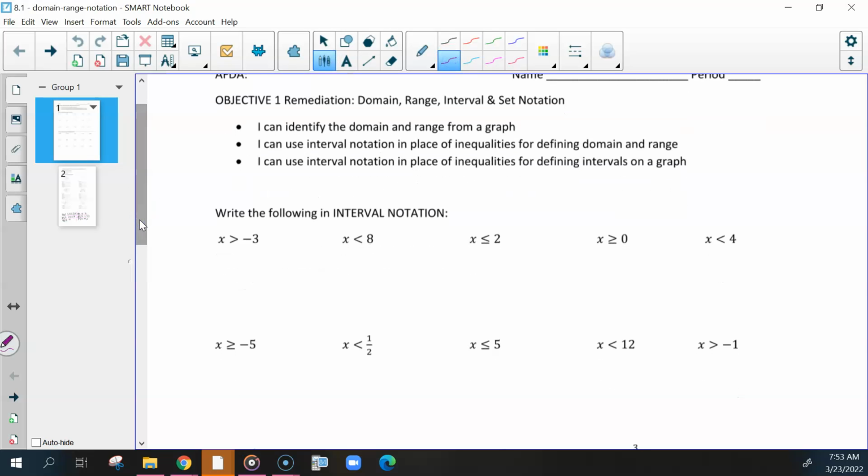So a couple things we do need to remember is that if we have less than or equal to or greater than or equal to symbols, these are going to give us square brackets, and vice versa.